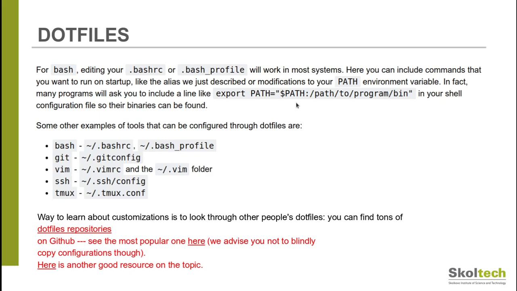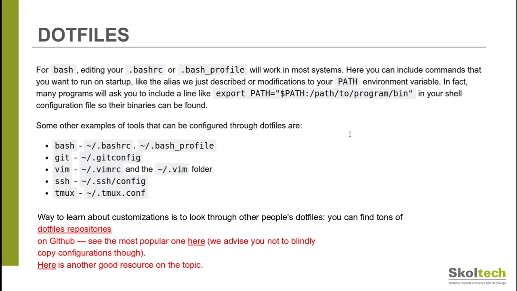Shells are one example of programs configured with such files. On startup, your shell will read many files to load its configuration. Depending on the shell, and whether you are starting a login or interactive shell, the entire process can be quite complex. For bash, editing your .bashrc or .bash_profile will work on most systems.